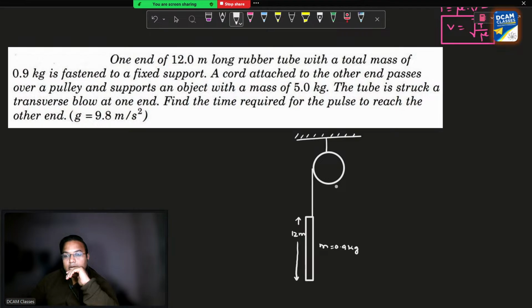There is a thread attached to it. The cord attached to the end passes over a pulley and supports an object with a mass of 5 kg. This is a mass of 5 kg.